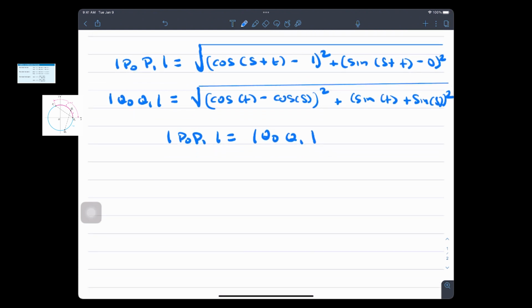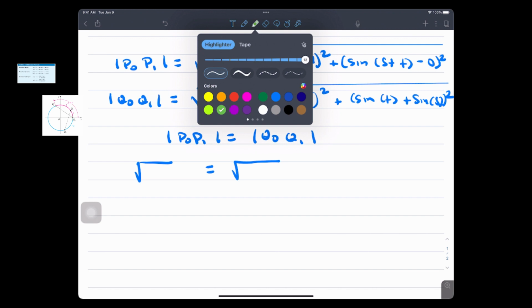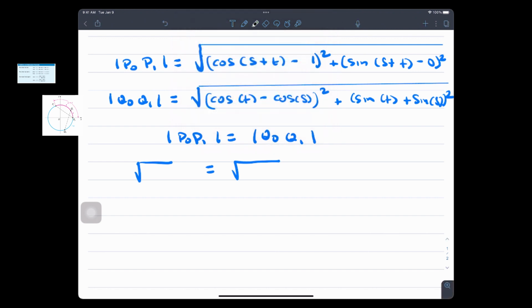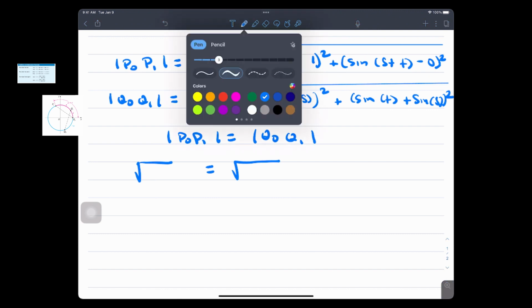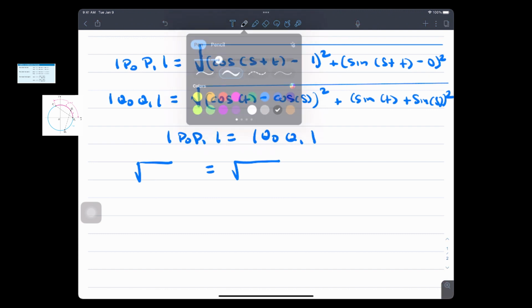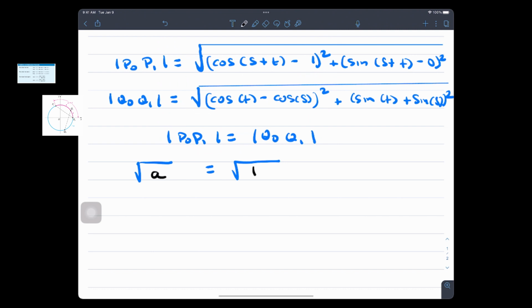And that means you have the two radicals equal to each other. If I have two radicals that are the same, whatever I have under here, let's call that A, and let's call that B. What that means is that A equals B. They're the same.